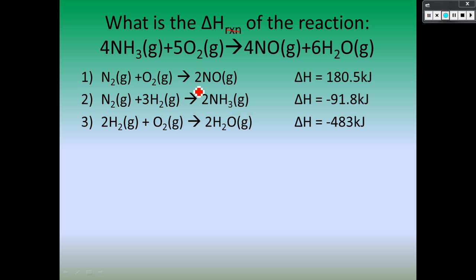So Mia, you want to do equation number 1? Yeah. N2 gas plus O2 gas yields 2NO gas. And for that equation, the delta H equals 180.5 kilojoules.